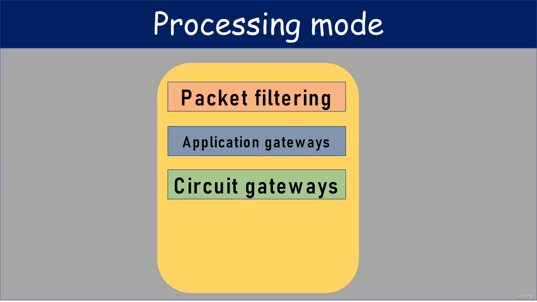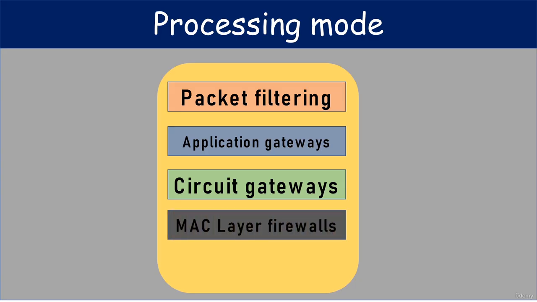Unlike an application gateway, it monitors TCP data packet handshaking and session fulfillment of firewall rules and policies. It can also act as a virtual private network, VPN, over the internet by doing encryption from firewall to firewall. Okay, so then we have MAC layer firewalls.